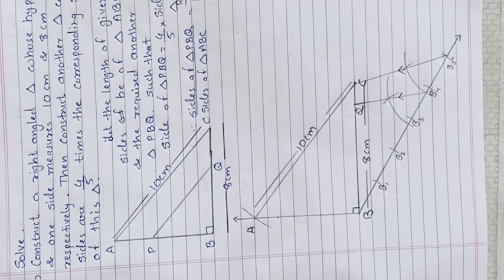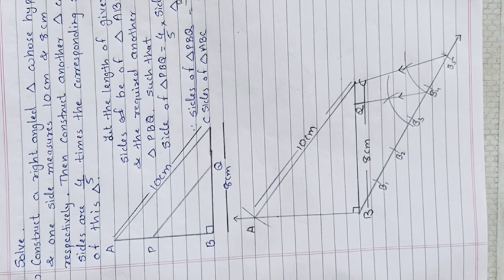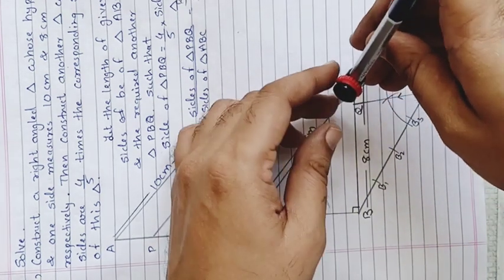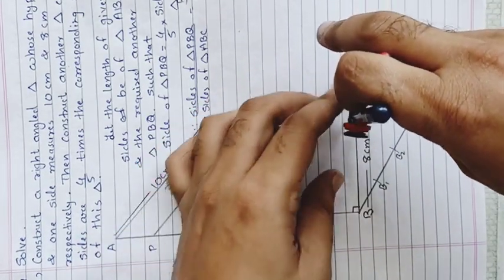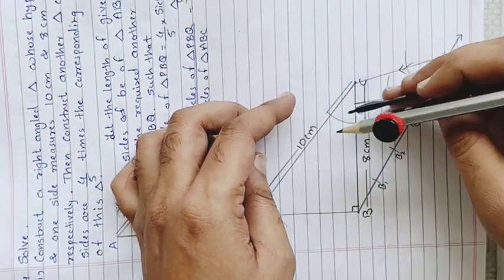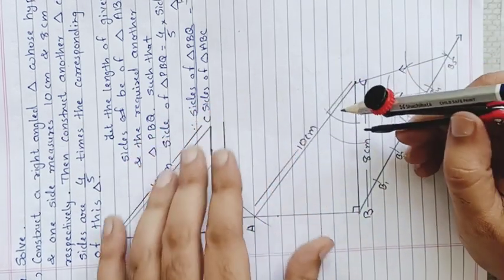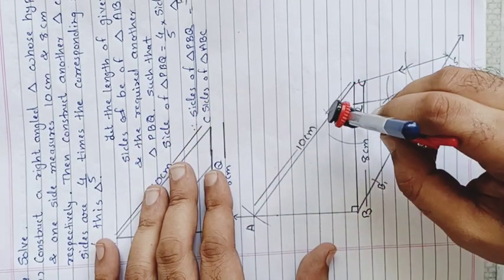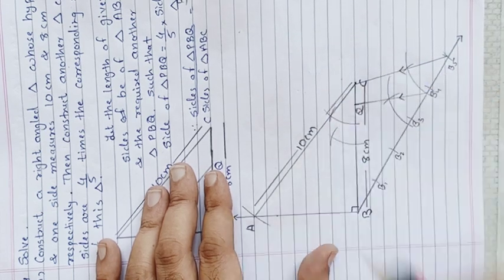The next will be this line. Now again, an arc from point C, and same arc from point Q. So the distance between these 2 points and these 2 points.